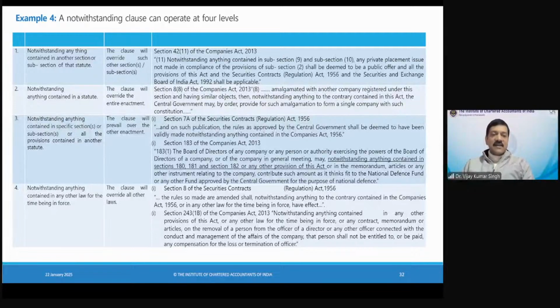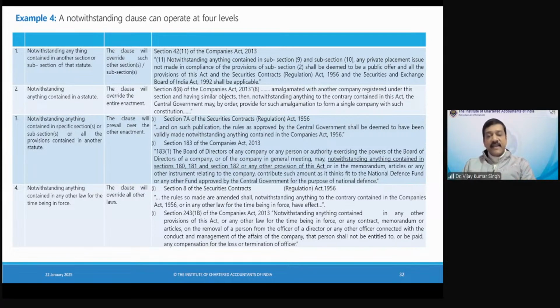Third level is notwithstanding anything contained in specific sections or subsections or all the other provisions contained in another statute. So here they are referring to some other statute. Like, for example, section 7A of the Securities Contract Regulation Act. So here what is the legislation? SCRA.